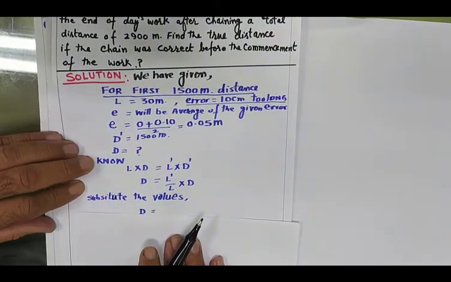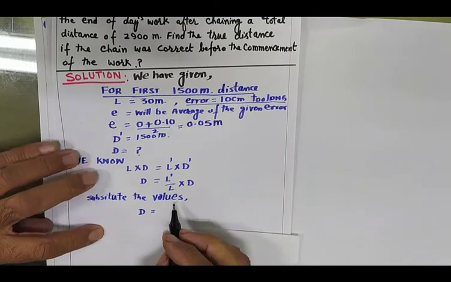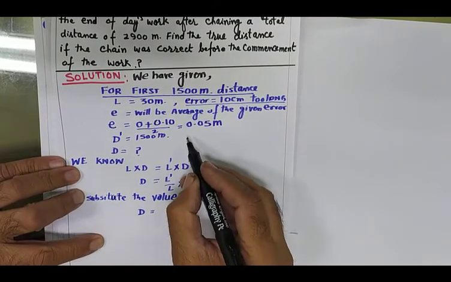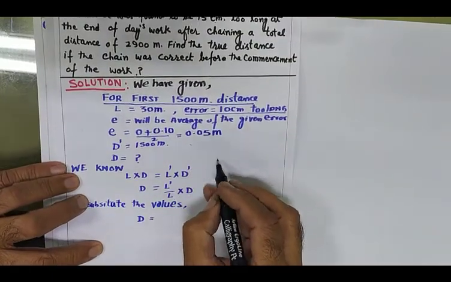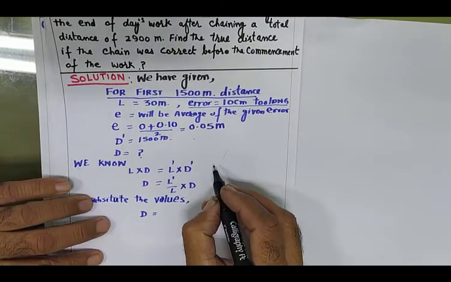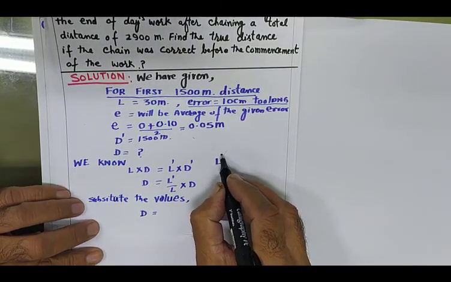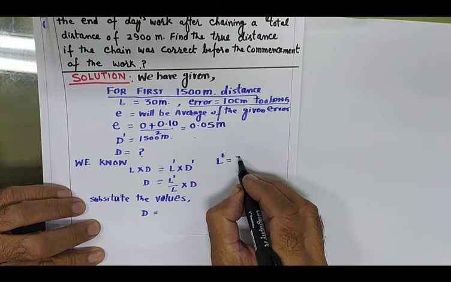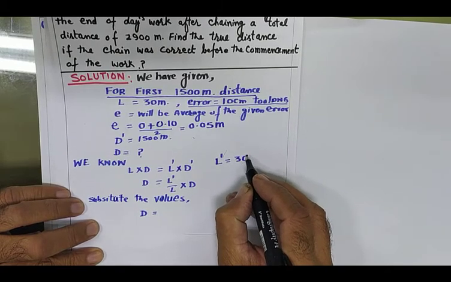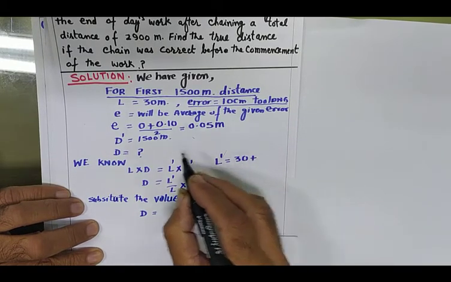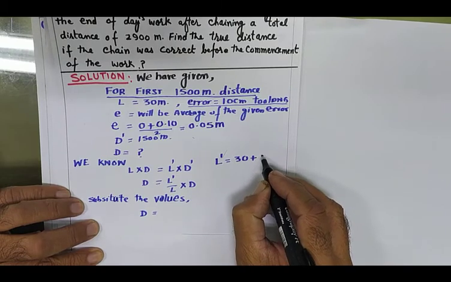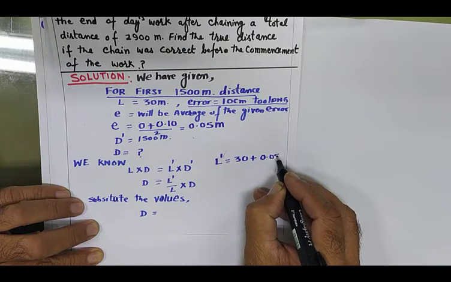After substituting these values, we can calculate L dash. L dash is equal to 30 meter. It is too long, means you add in it the value of E. E is 0.05 meters.